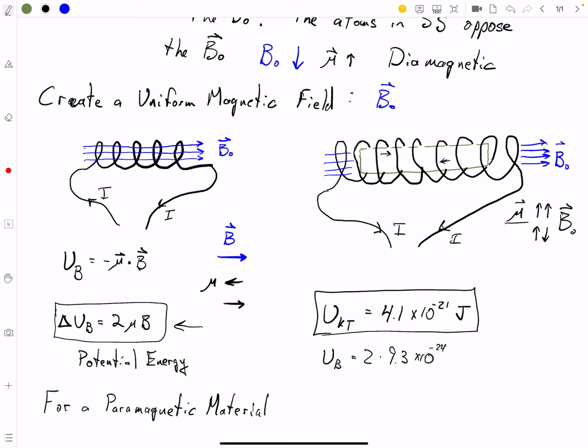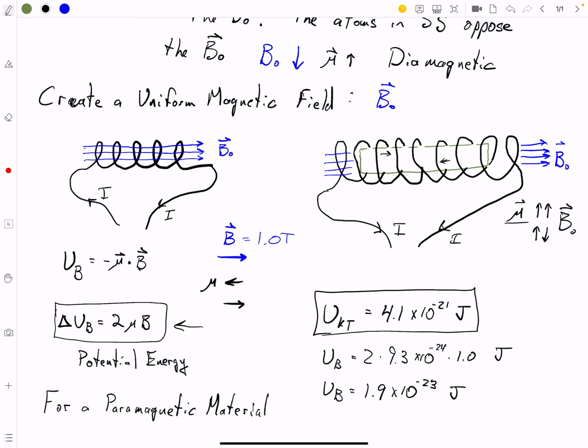And then let's say we put it into a magnetic field where B naught is equal to 1.0 Tesla. So we're going to multiply that by 1.0, and that's going to give us joules. Our U_B is equal to, what do I get? 1.9 times 10 to the minus 23 joules.